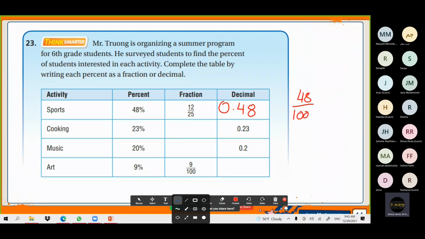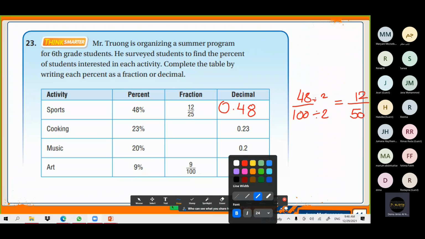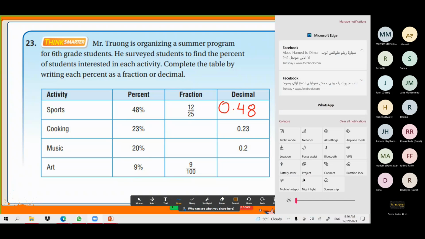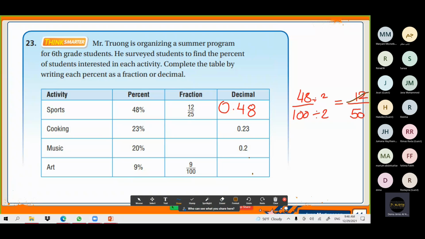Let's divide it by 2. 48 divided by 2 is 24. 100 divided by 2 is 50. Then I found that I can divide by 2 more. 24 divided by 2 is 12. 50 divided by 2 is 25.